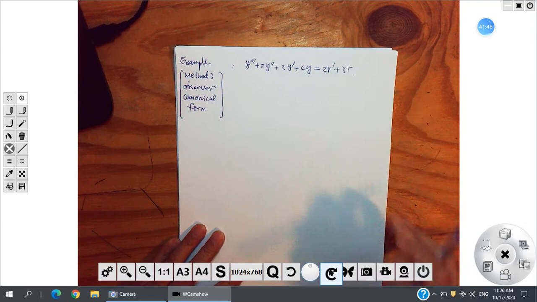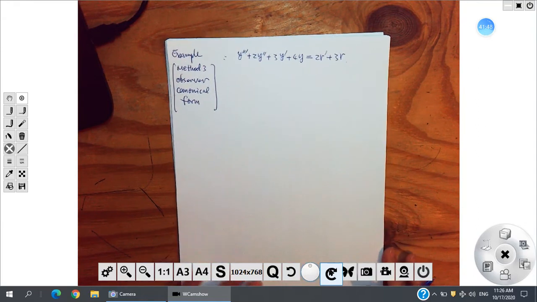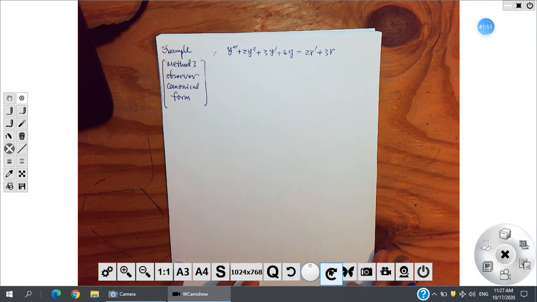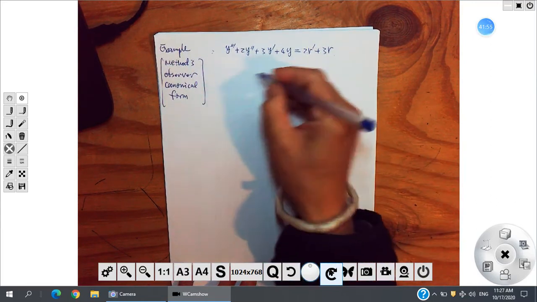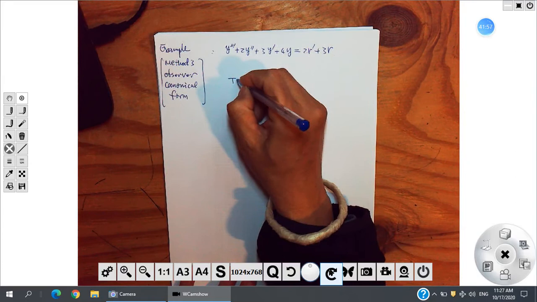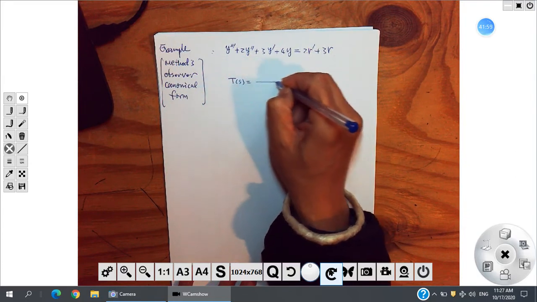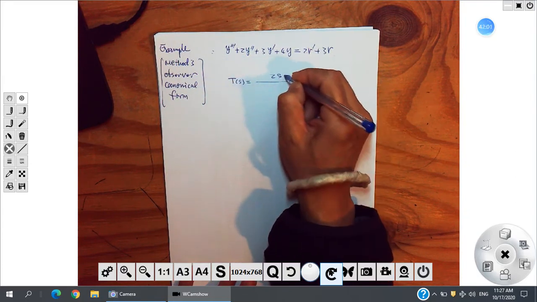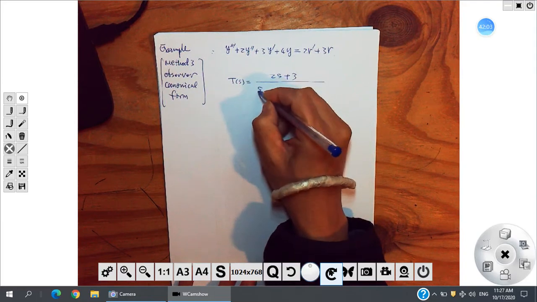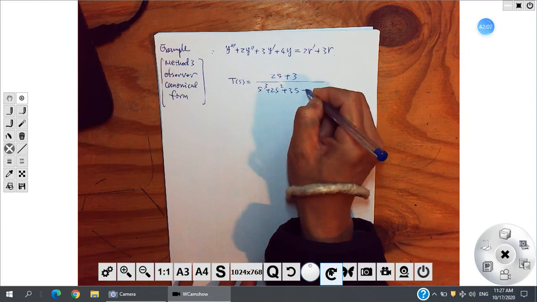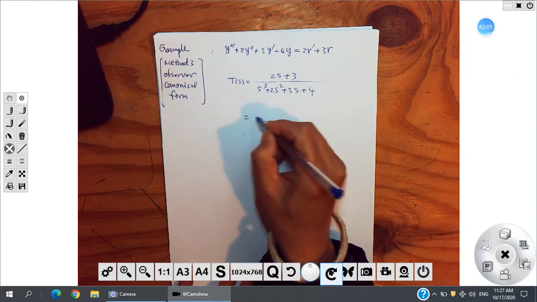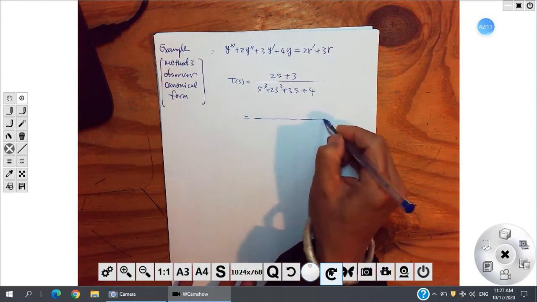Alright. Then for this one, this time we will give a different kind of structure, but the idea is the same. We have the transfer function firstly. Transfer function will be 2s plus 3 over s cubed plus 2s squared plus 3s plus 4, and I divide by s cubed, both numerator and denominator.